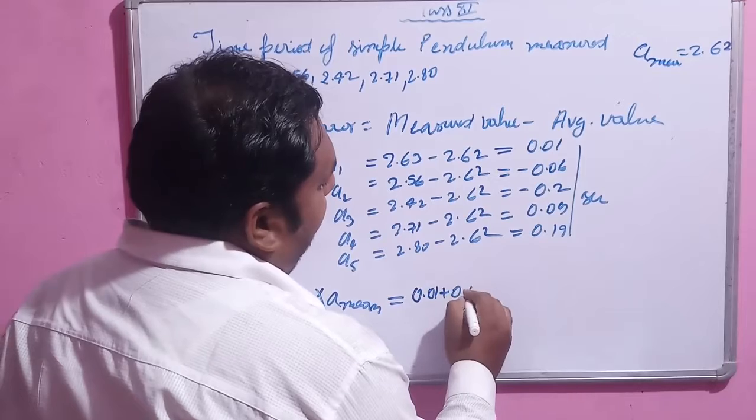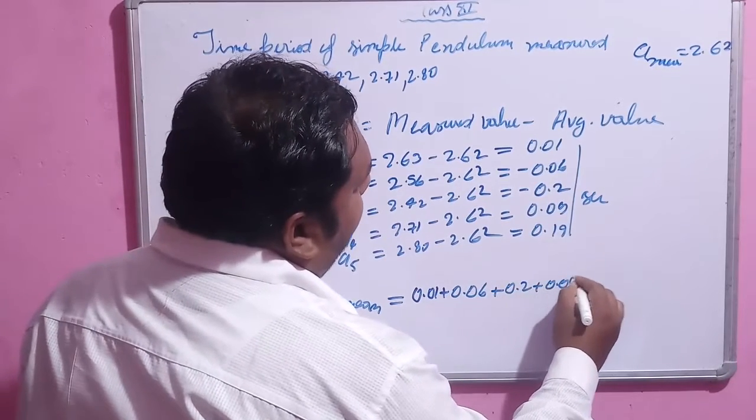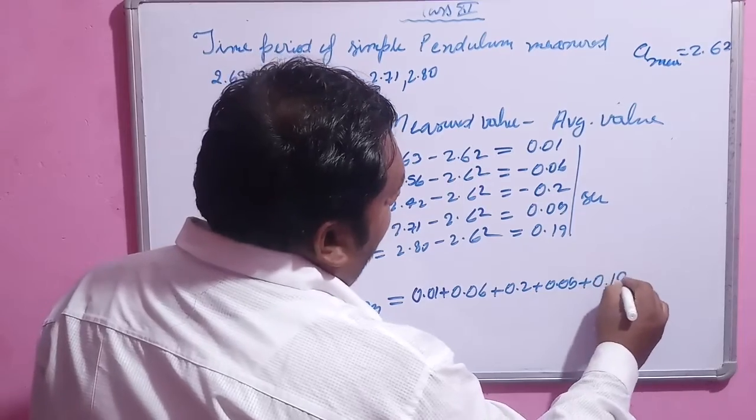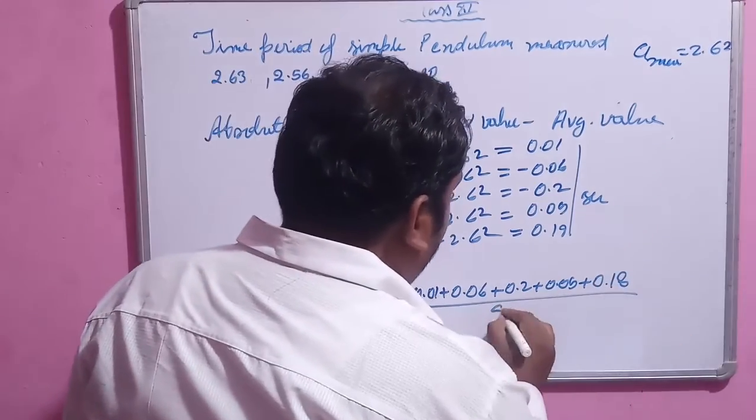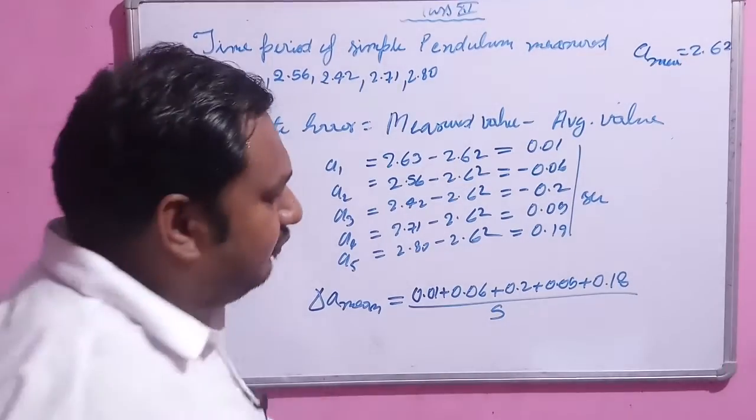0.01 plus 0.06 plus 0.2 plus 0.09 plus 0.18 divided by 5, and you will get 0.11 second.